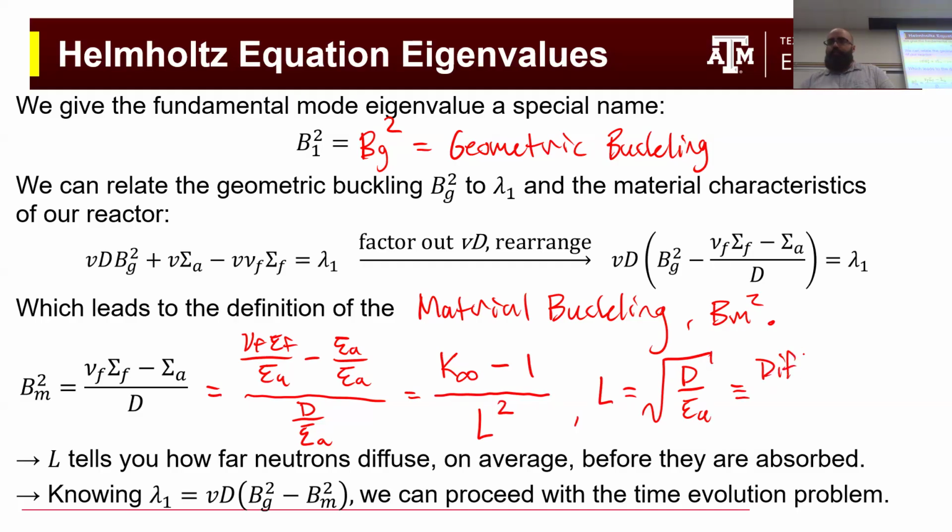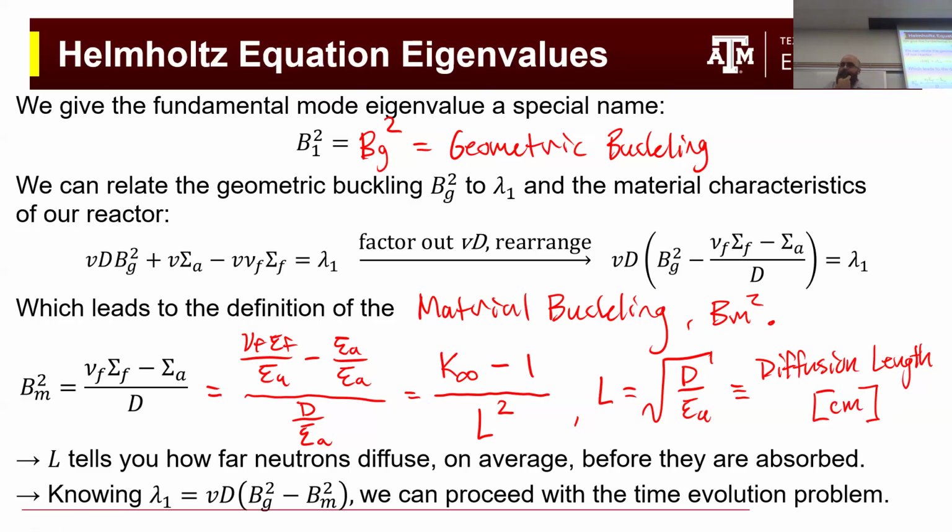It's a length. The diffusion coefficient has units of distance, and then the absorption cross section has units of 1 over distance. So overall, inside of the square root, I have distance squared, and then the square root of a distance squared just gives me a normal distance. So the diffusion length has length units like centimeters.